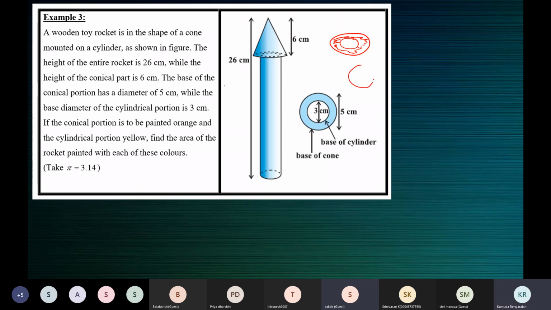This is the circular portion of the cone, this is the circular portion of the cylinder, so this portion will be sticking out. Imagine that.